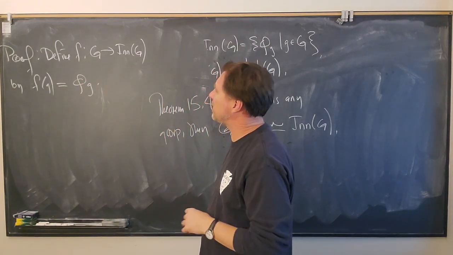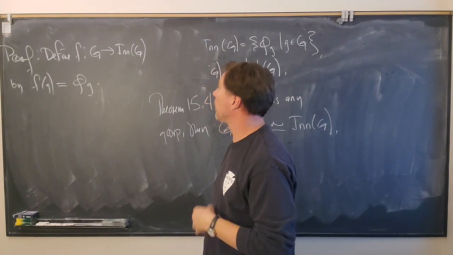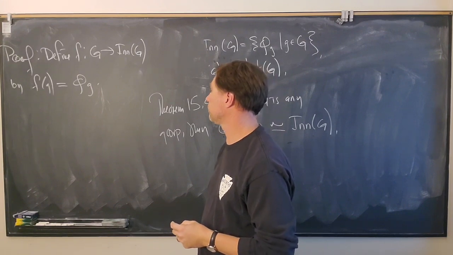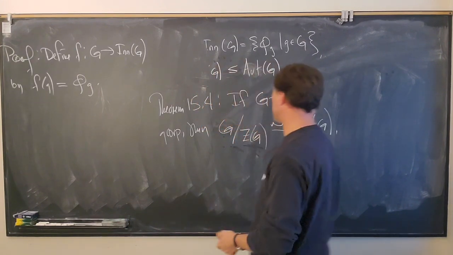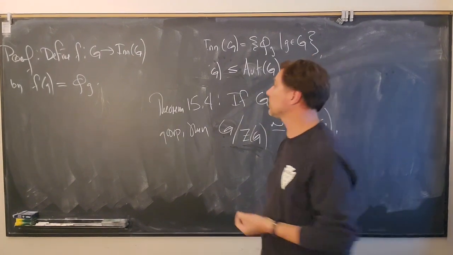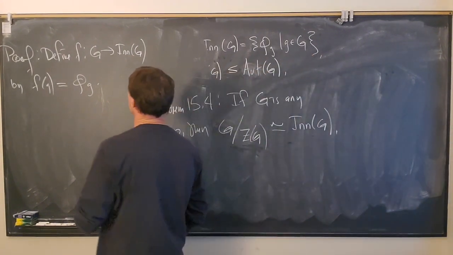Now, we'll do some of the details, and we'll leave some of the details for you. The point is, we would like to show that this is an onto homomorphism. Then we identify the kernel. If we can show that the kernel is equal to Z of G, then the first isomorphism theorem does the work for us.